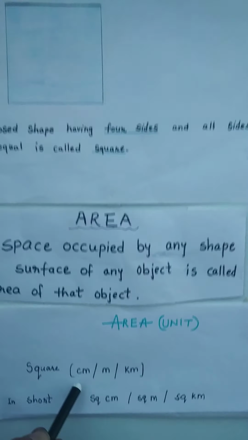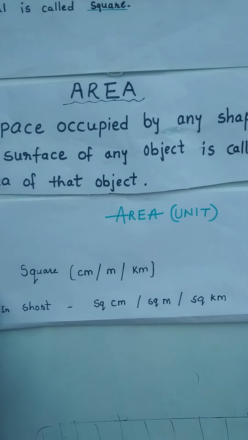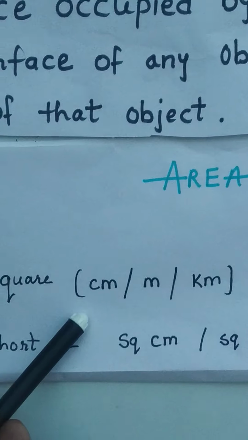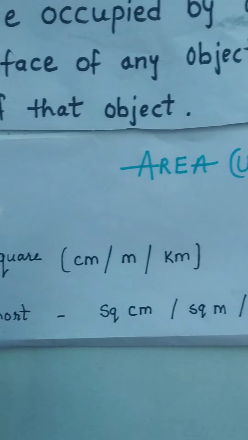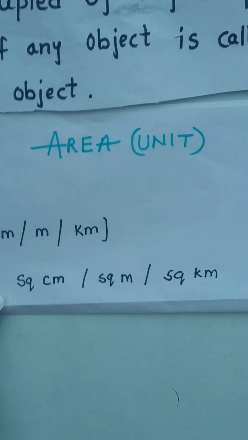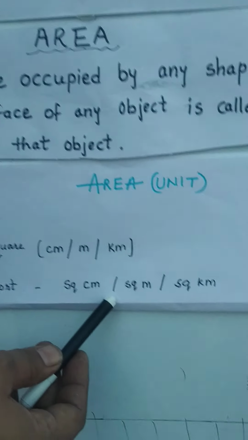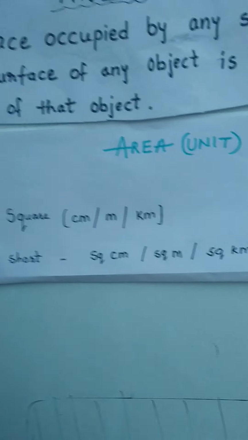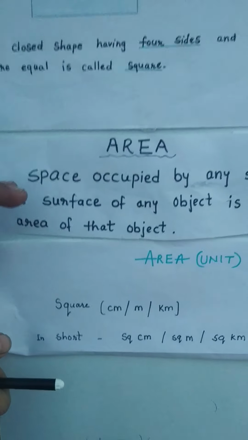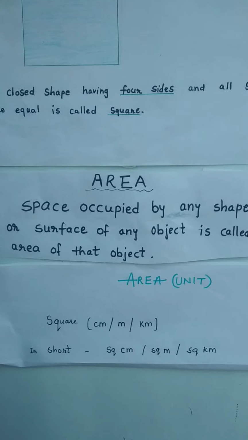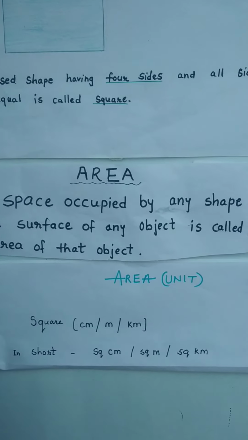Unit of area. Whenever we write area, we will write square with centimeter, meter or kilometer. In short form, we will write square centimeter, square meter, square kilometer for the area.